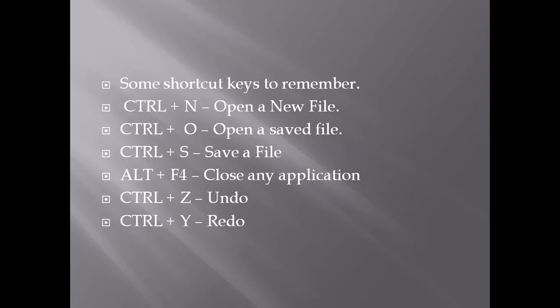But if you have drawn 5 stars, then you have to press Control Z 5 times, and only then will they all be removed. But then you think, oh no, those stars were important, I want them back. Then you press Control Y, redo, and it will appear on the screen. So that is Control Z and Control Y. Okay, I would like to show you this in the MS Paint program.